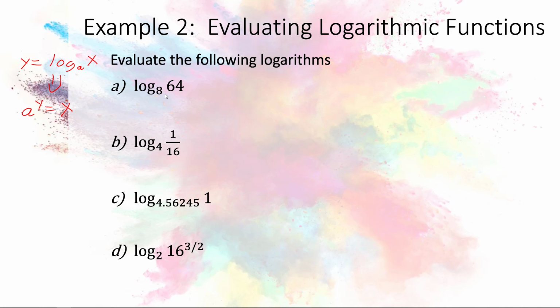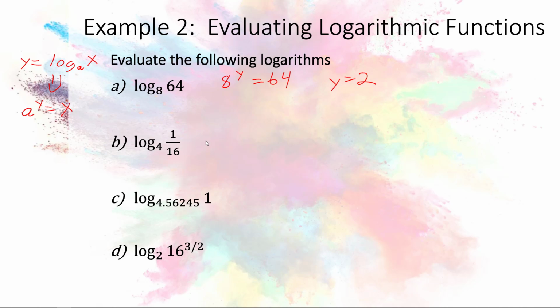Okay, so notice here that we have log base 8 of 64. So that means that 8 raised to some power must be equal to 64. Well, what must that power be? Well, that must be 2. So in this case, the log base 8 of 64 is 2.